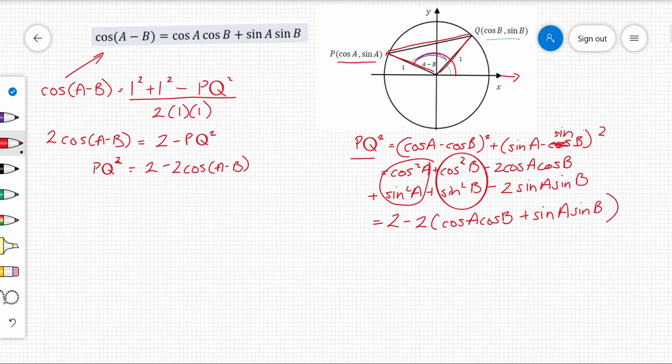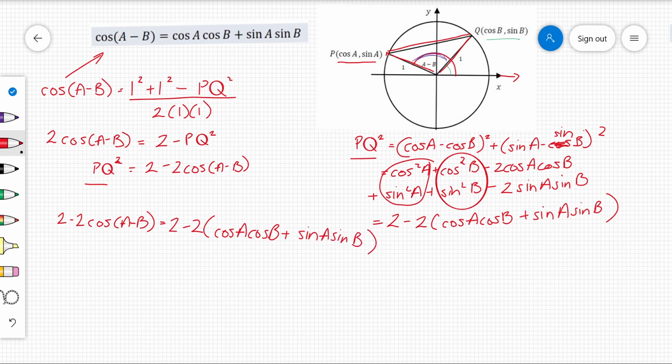Now both of these equations that we've got here are PQ squared, so if we equate both of those, we get 2 minus 2 cos(A minus B) equaling 2 minus 2, and we've got this expression that we wanted, cos cos plus sine sine.